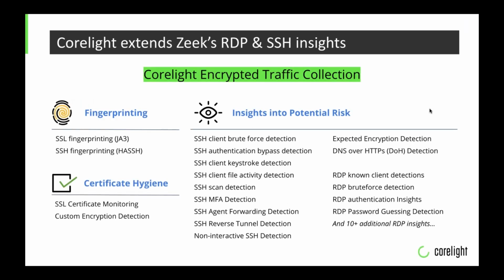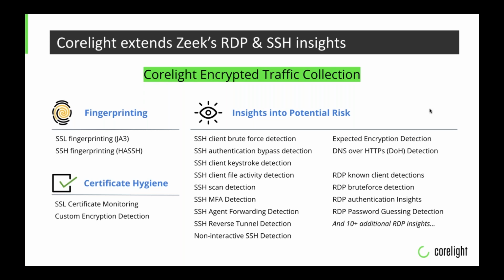So Corelight's encrypted traffic collection is a collection of Zeek packages. It curates lightly from the open source community. So we've included the best hits there on the left. You see the JA3 and hash fingerprinting package that I covered earlier. Those are open source community developed packages.